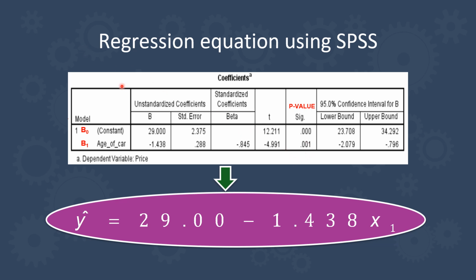Next, let's look at the column B here. The first row of the B column provides the intercept, also called the constant. This is the predicted value of the dependent variable, in this case price, when the independent variable age is 0. So let's look at the second row of the B column here.